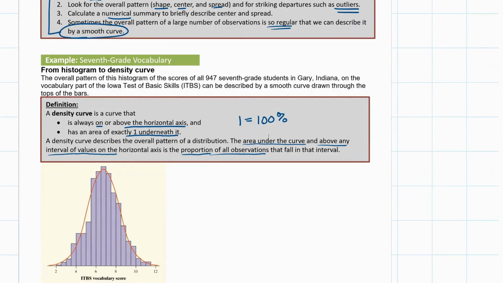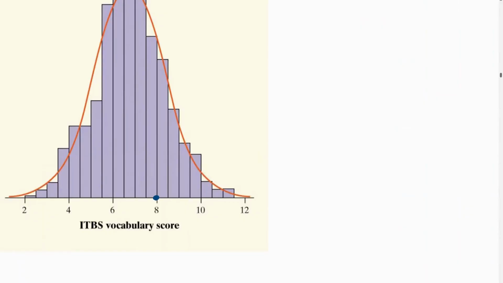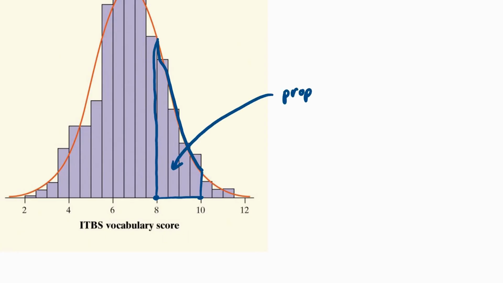Well, that is a range on the horizontal axis that goes from 8 to 10. All right? If we go from that interval and we go up to the density curve and we find out what proportion of that 100% is under that curve, then we know the proportion of students that scored between 8 and 10.